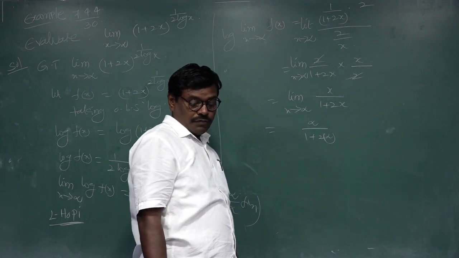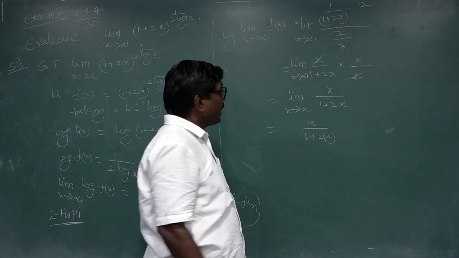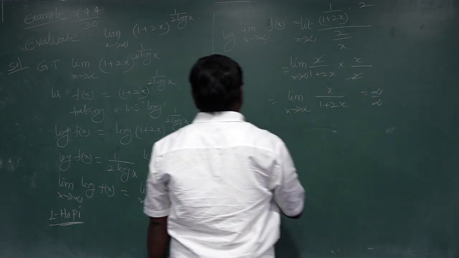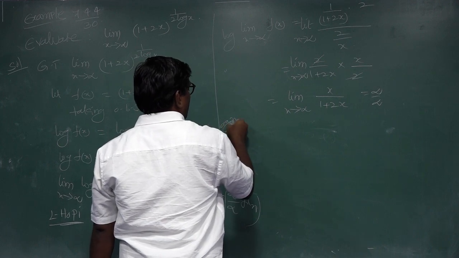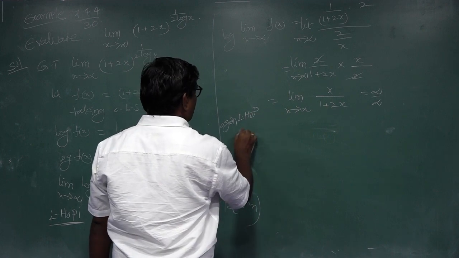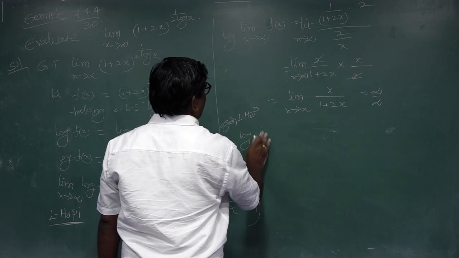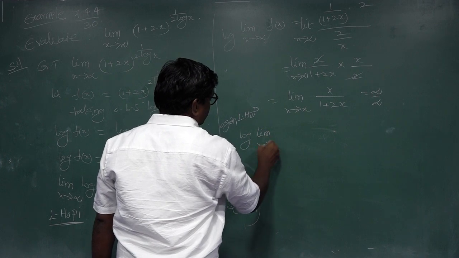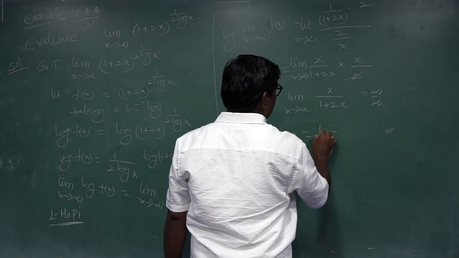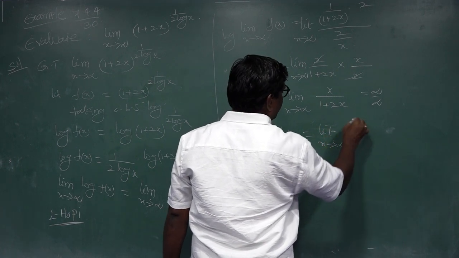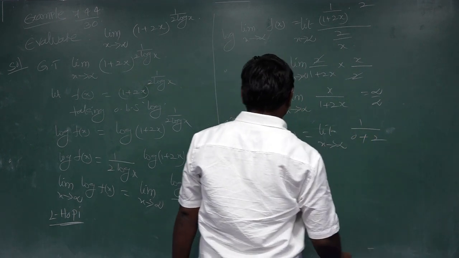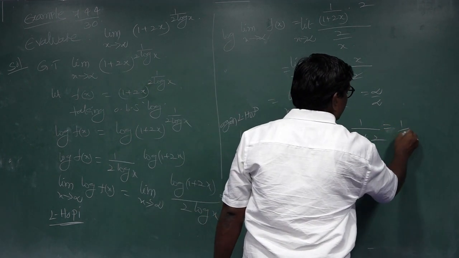Again this is infinity by infinity, so apply the L'Hospital rule again. The limit as x tends to infinity gives 1 by 0 plus 2, which equals 1 by 2.